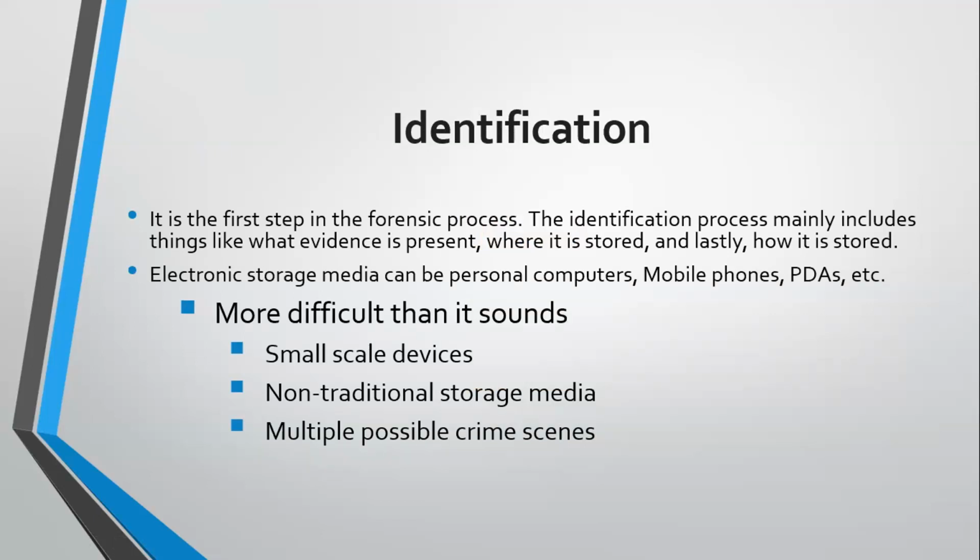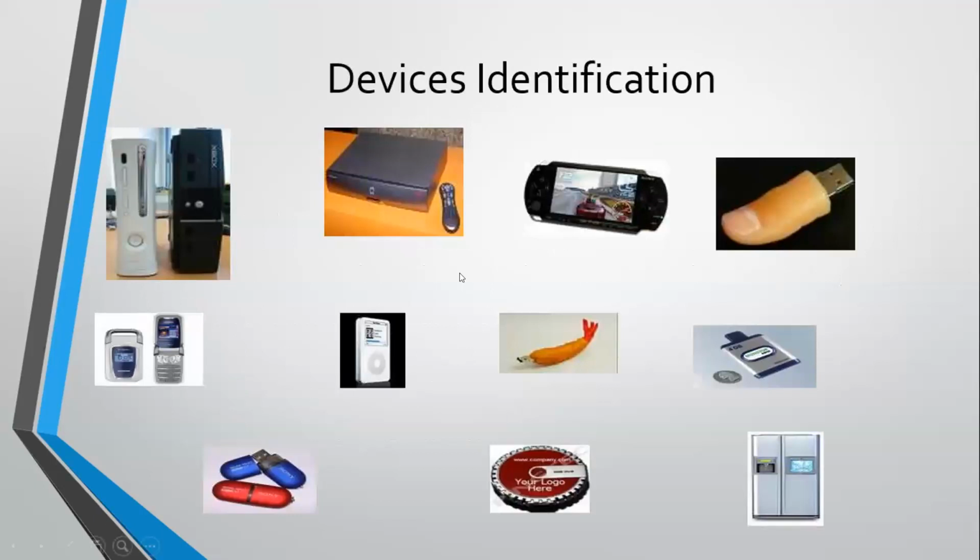Electronic storage media can be personal computers, mobile phones, personal digital assistants, etc. It is more difficult than it sounds, with small scale devices, non-traditional storage media, or multiple possible crime scenes. So these are the device identifications.